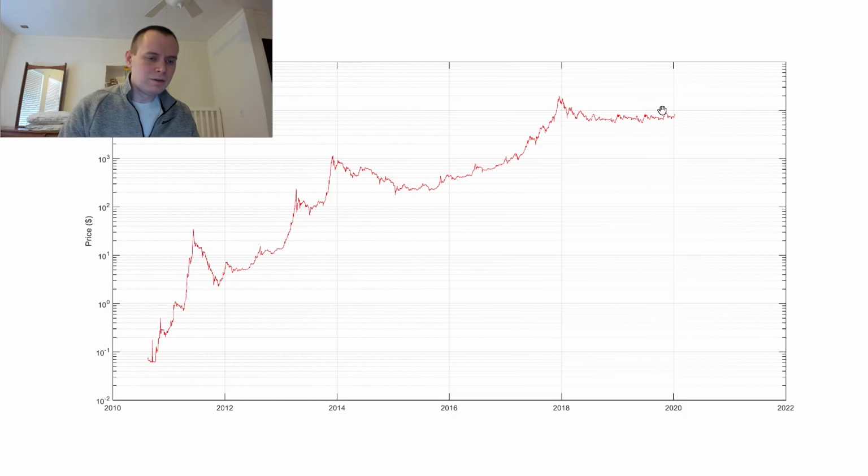So if you understand the risks, what's involved, and how to manage your portfolio, then I would say keep accumulating, and keep your eye on the time frames between 2021, 2022, and 2023.